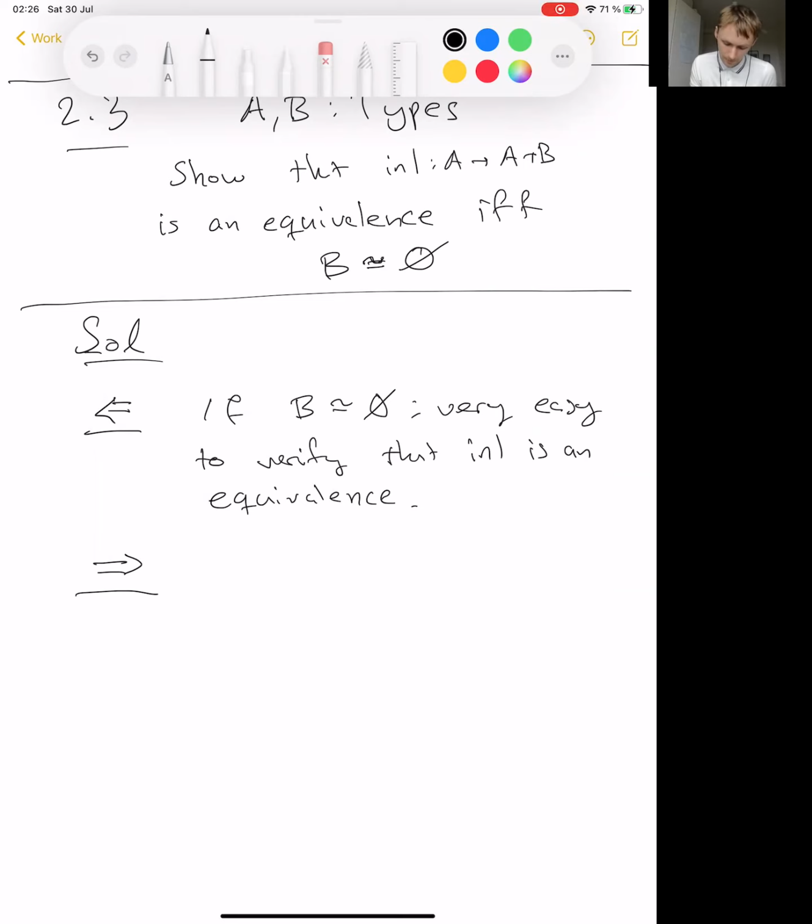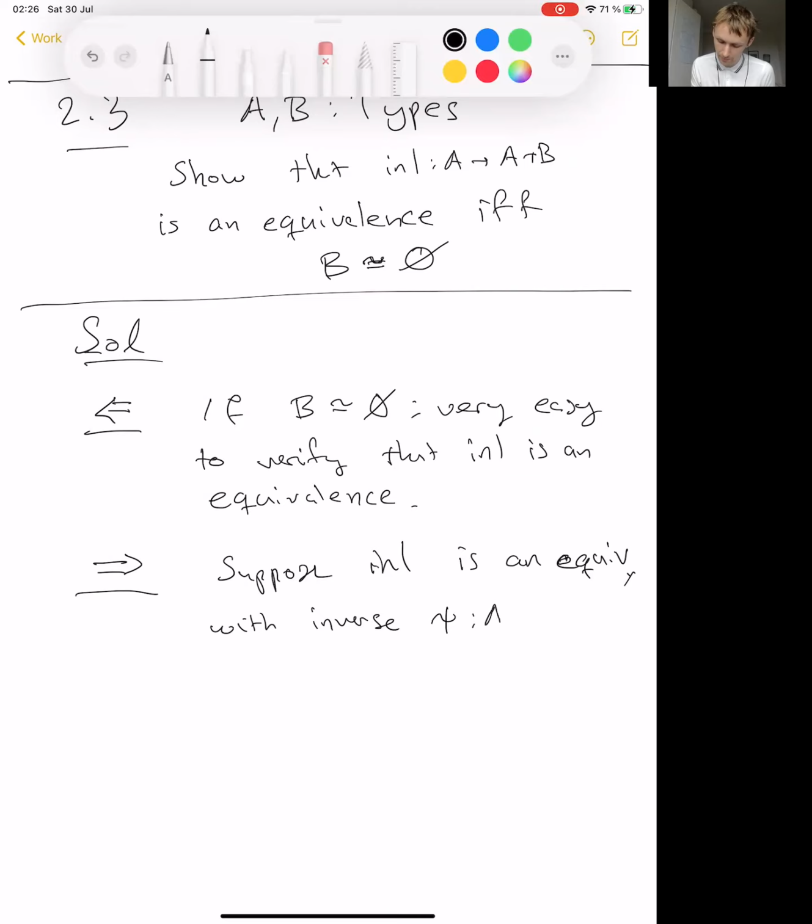Okay, so suppose that inl is an equivalence, with some inverse, let's call it psi.